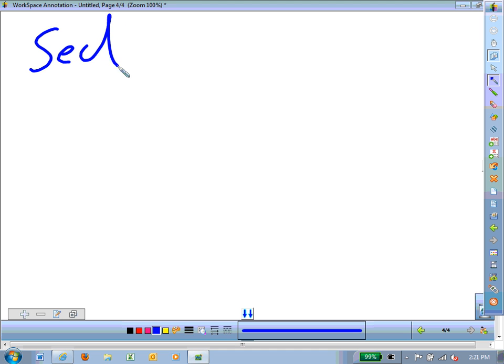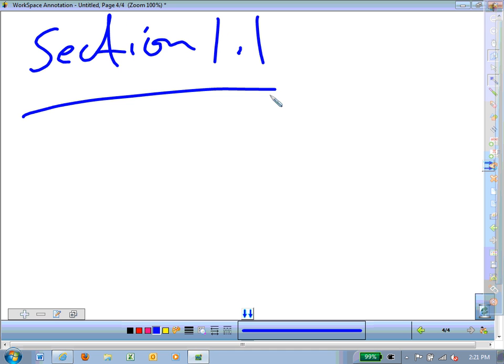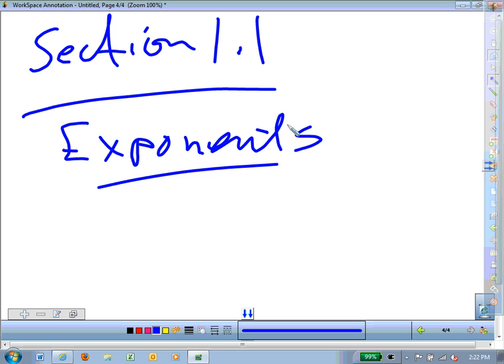So, the first section, the topic, exponents. You probably know something about exponents, right? Probably know basically what they are. So if I wrote 2 to the 4th, you know what that means?